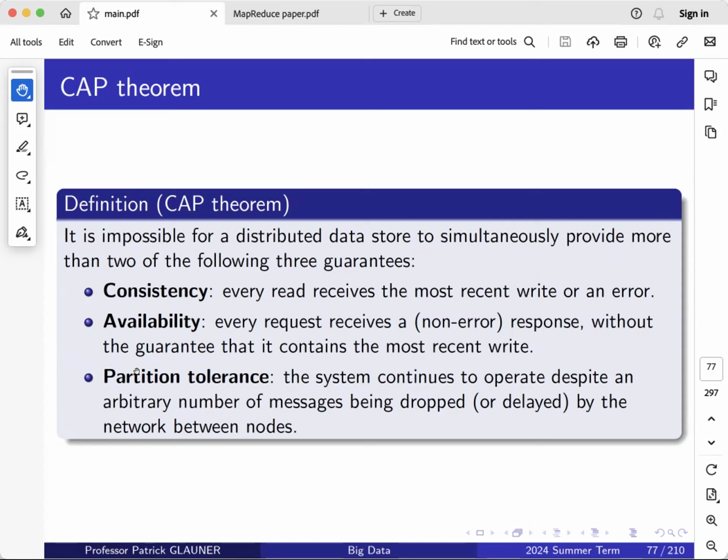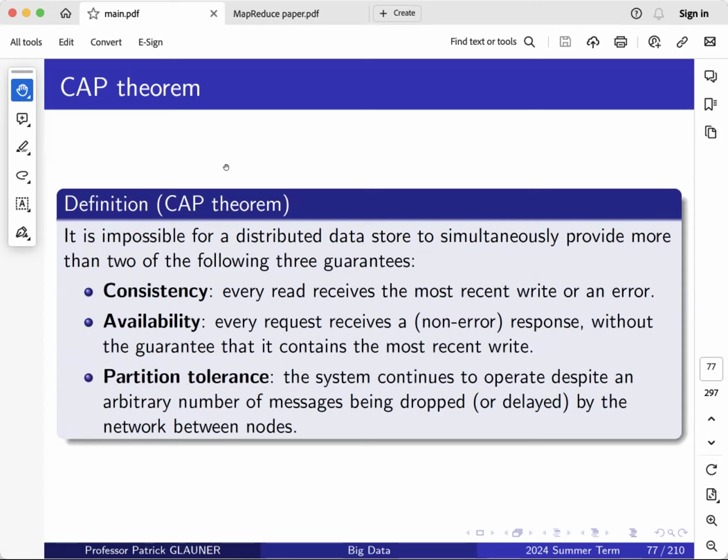Now, in an ideal world, you would want a distributed system that can address all three at the same time. We want the distributed system to be highly available. We want it to be consistent, but we still want it to work if messages between the nodes get lost. And it was proven about 25 to 30 years ago that that is impossible.